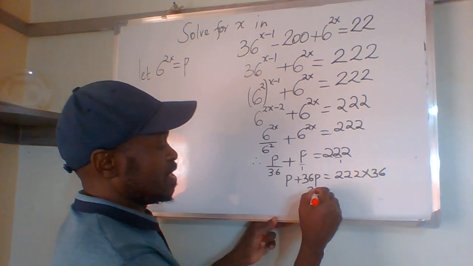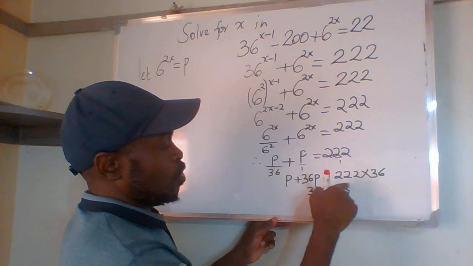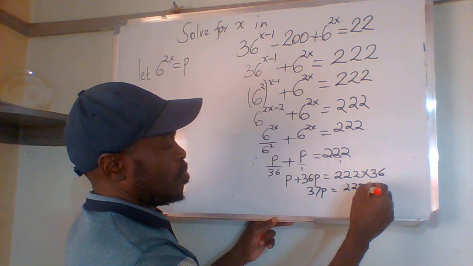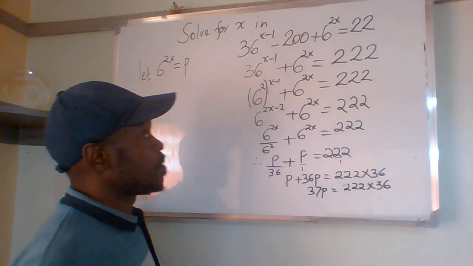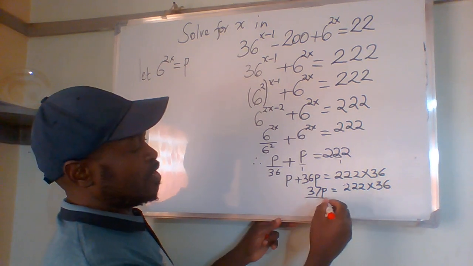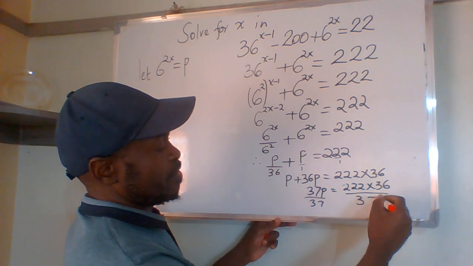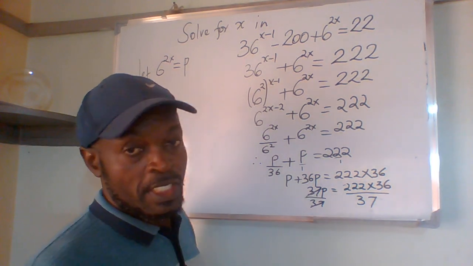So we have here 37p is equal to 222 multiplied by 36. Now reaching this stage, we can divide both sides by 37 so that we have p.